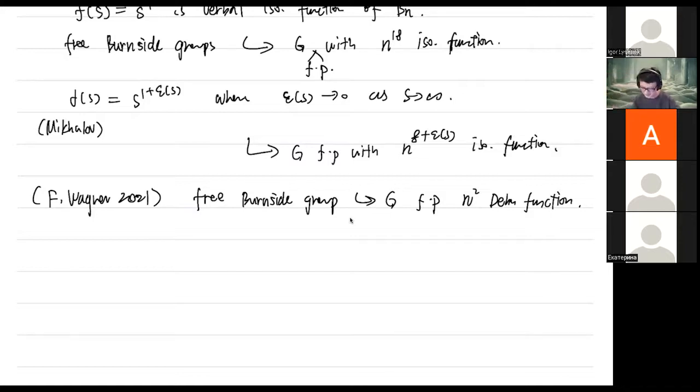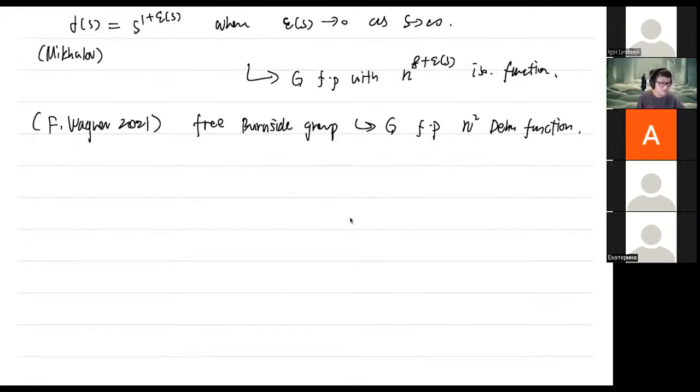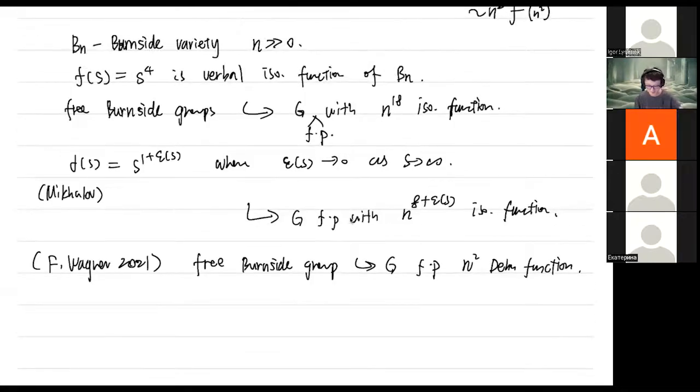One conjecture is that they should not have an infinite torsion subgroup, because hyperbolic groups do not have an infinite torsion subgroup, and it was conjectured that this also works for groups with quadratic Dehn function. But this is an example that a group with quadratic Dehn function can have an infinite torsion subgroup. Okay, so that's for the Burnside variety.